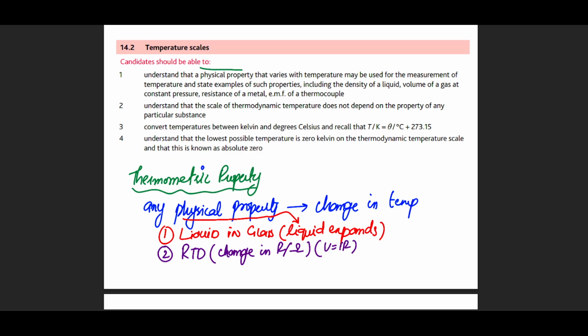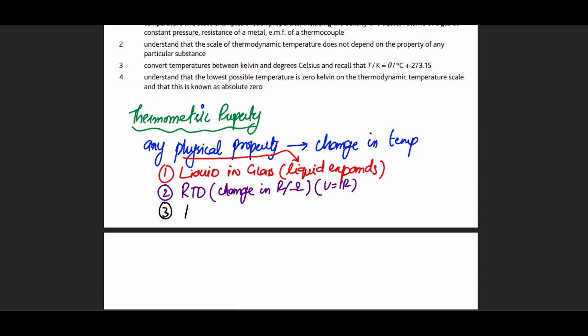And the third type of thermometer that we sometimes use is a thermocouple. Now we know from O levels that a thermocouple is basically a thermometer constructed out of two dissimilar metals.